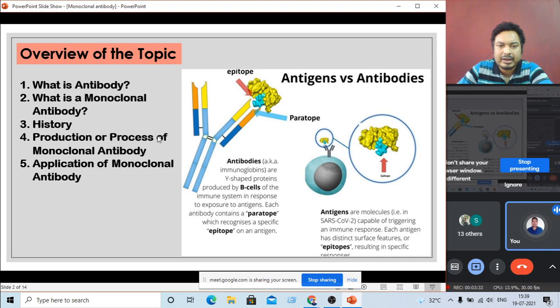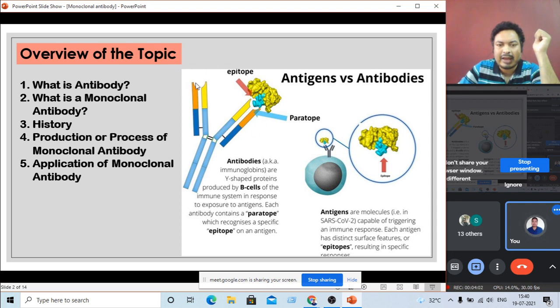In the antibody there are sites called antigen binding sites. In one antibody two antigen binding sites are there. All the antigens of different foreign particles, it may be bacteria, virus, or some other molecules, bind in this particular area.